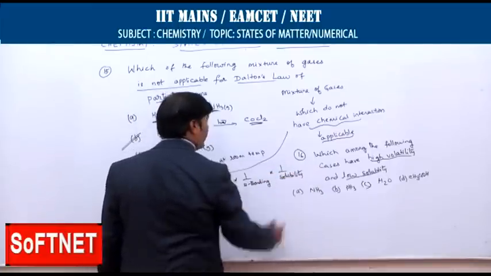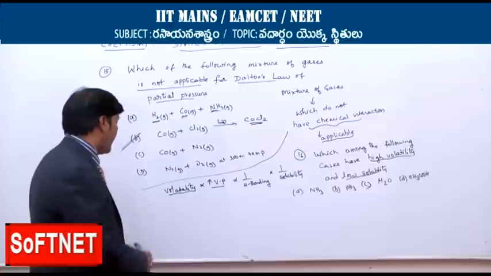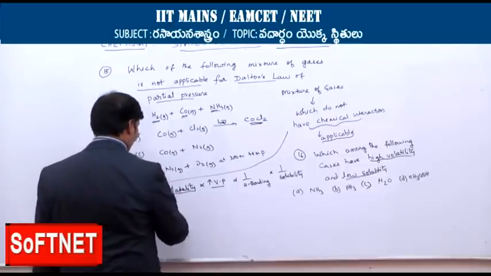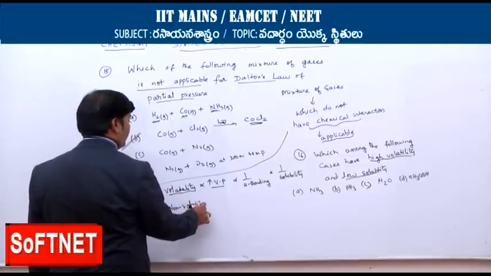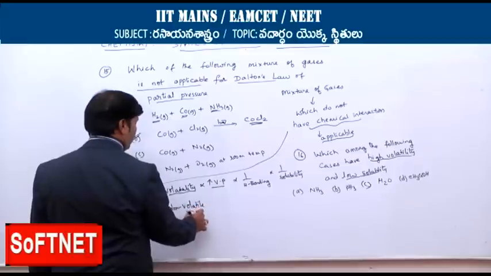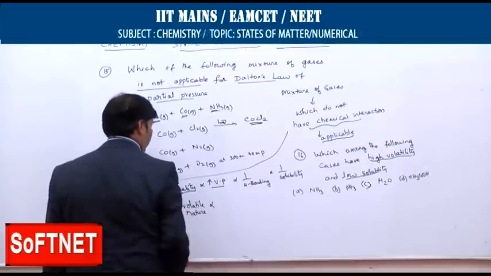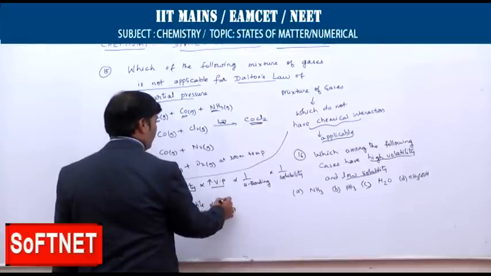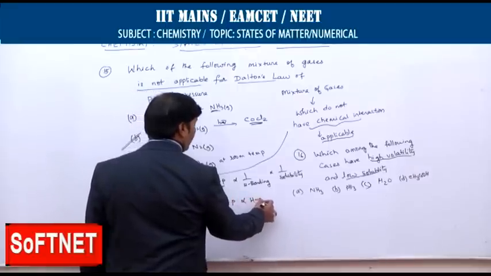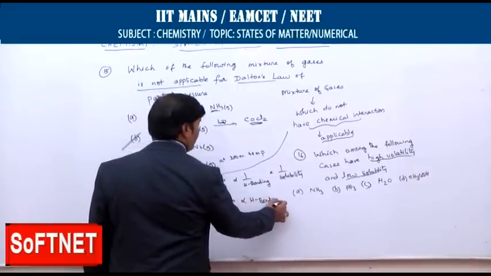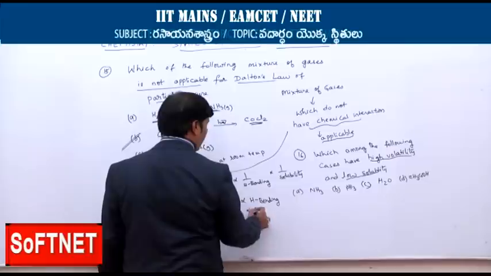This you need to keep it in your mind. Also, if you take non-volatile nature is again directly proportional to decreased vapor pressure, directly proportional to hydrogen bonding and directly proportional to solubility.